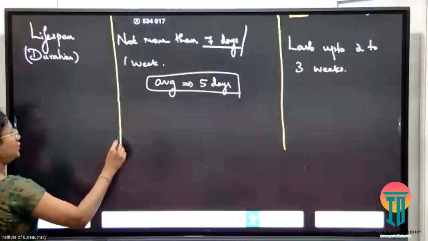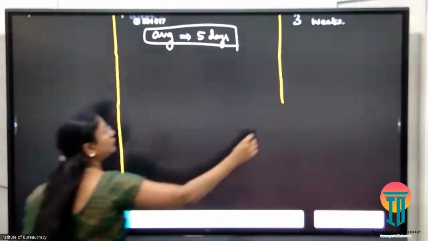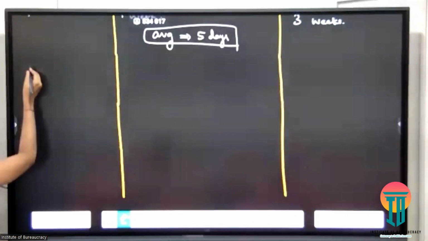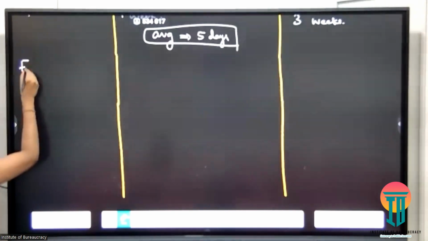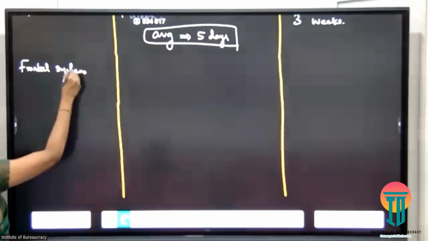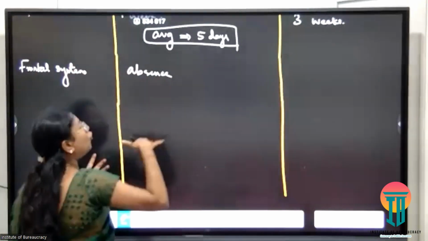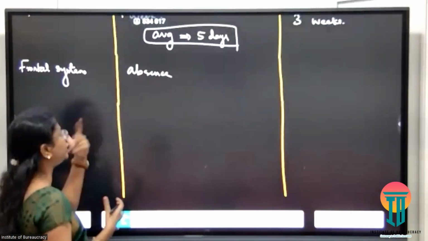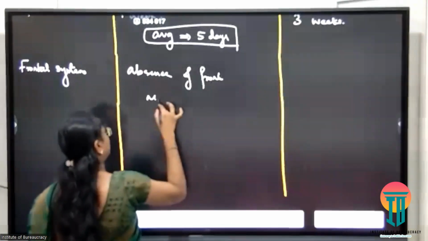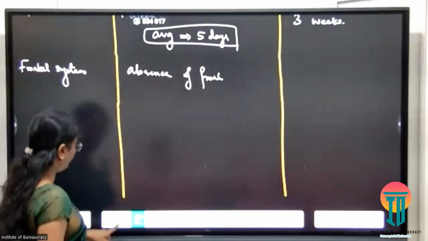The next difference: how they are formed, for example, the presence of a frontal system. In tropical cyclones there is an absence of fronts. There is no concept of frontal generation on the tropical side. What about temperate cyclones?